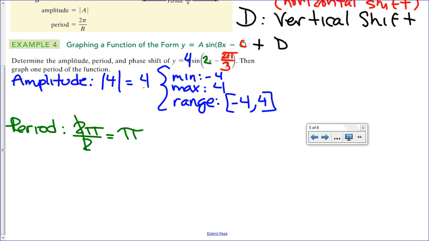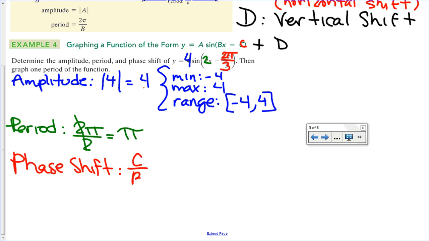Okay, what else? Oh yeah, the phase shift. So that's new for you guys. And so that phase shift, the book has a formula for it, and you have to divide C over B. C over B? Okay, I thought it was B. Is it C over B? Yeah.